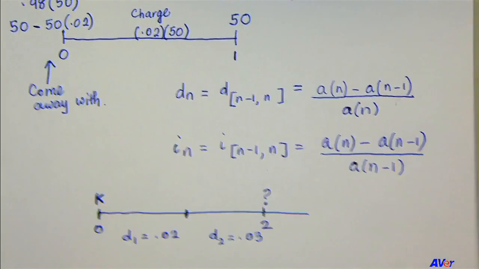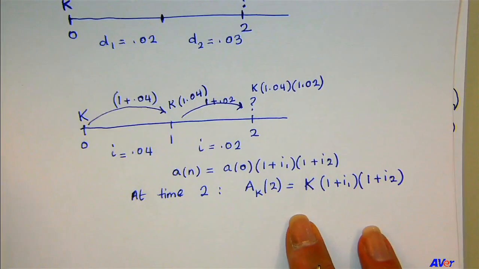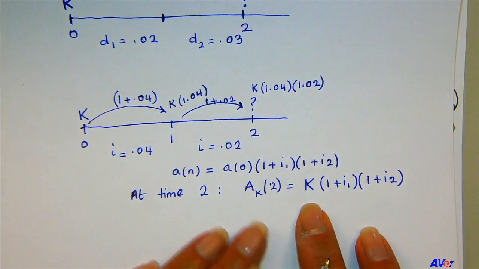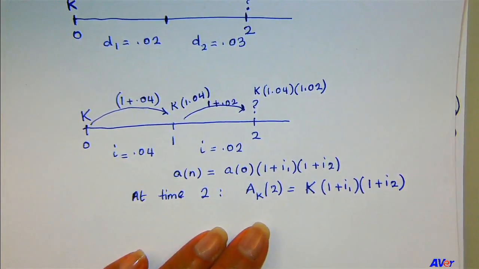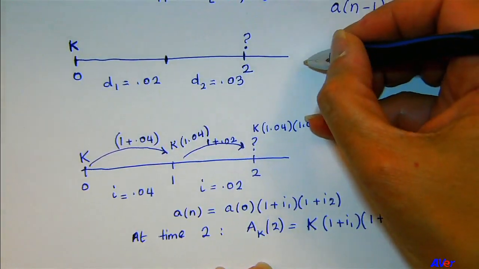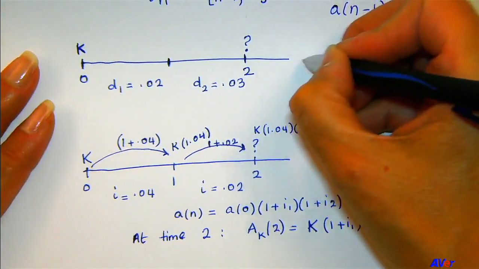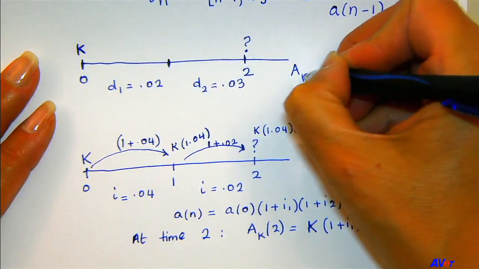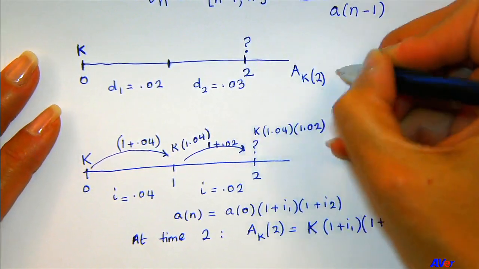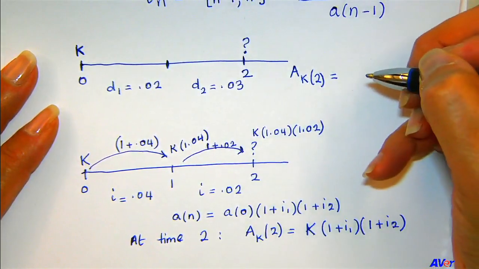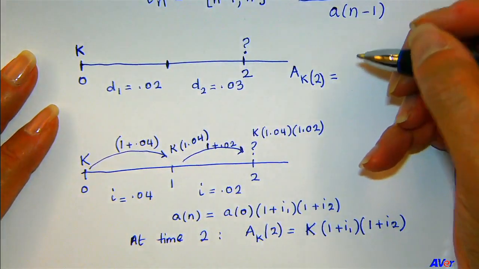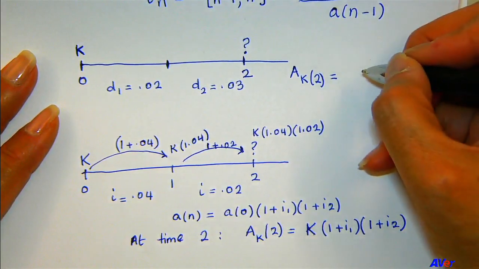I just didn't want to forget this k right here when I was talking about interest rates. So now when I'm talking about discount rates, what will it be? What is a k of 2 in this case? Use that recursive formula that we just discussed.